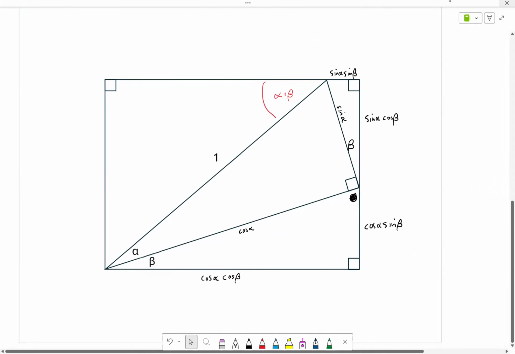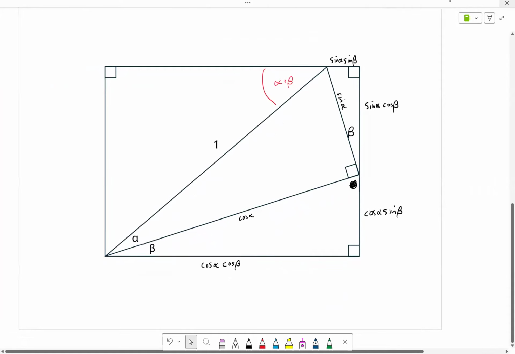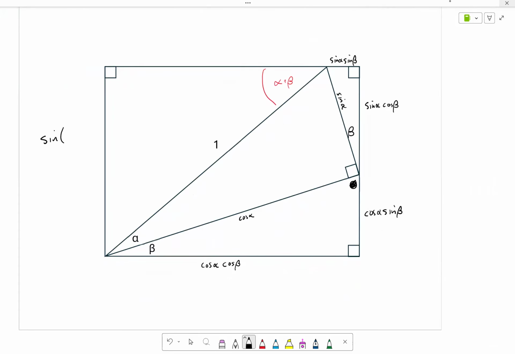Do you know the other pieces? This vertical one is the hypotenuse, which is 1 times sine of alpha plus beta.